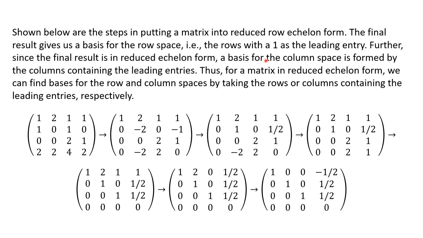And so just to repeat what I said up here, the 3 rows with leading ones are a basis for the row space, and the 3 columns containing the leading ones, so this column, and this column, are a basis for the column space. And we'll see that that's always the case, that the row space and the column space are of the same dimension. We'll prove that on the next slide.